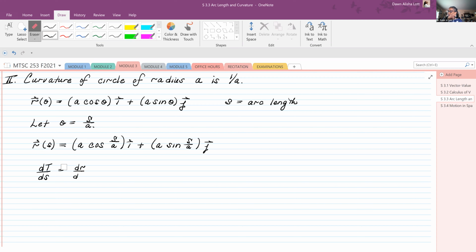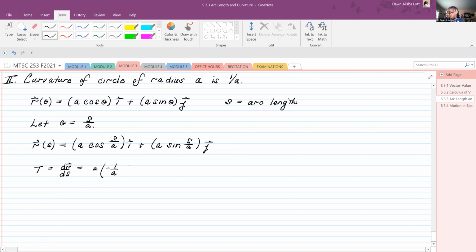T is dr ds. So now I'm going to get a times minus 1 over a, the sine of s over a, i, plus a times 1 over a, the cosine of s over a, j.